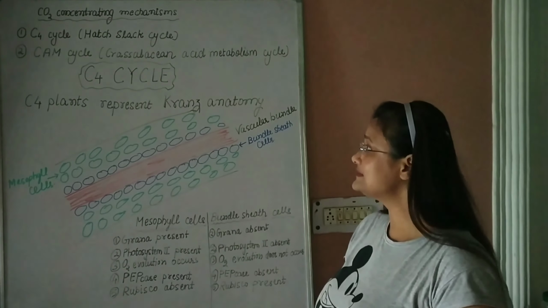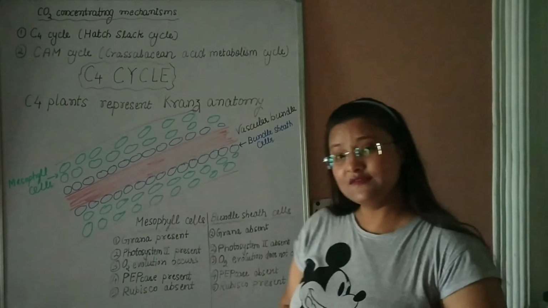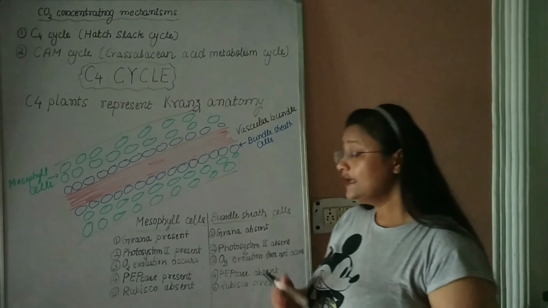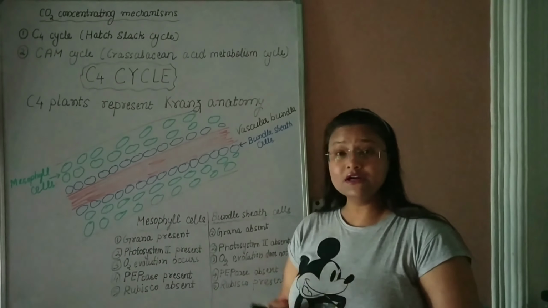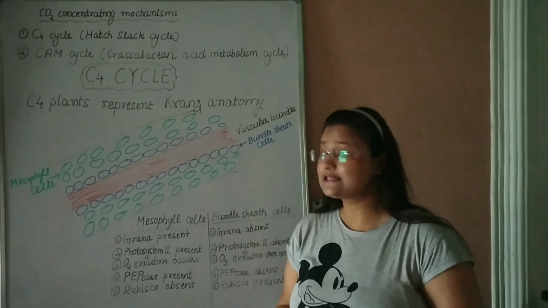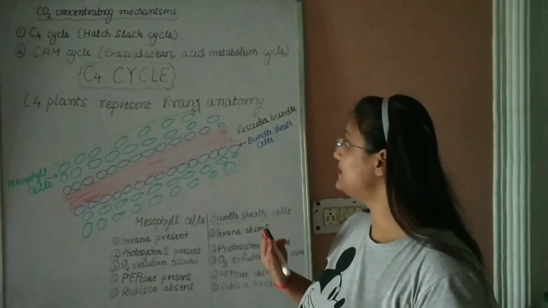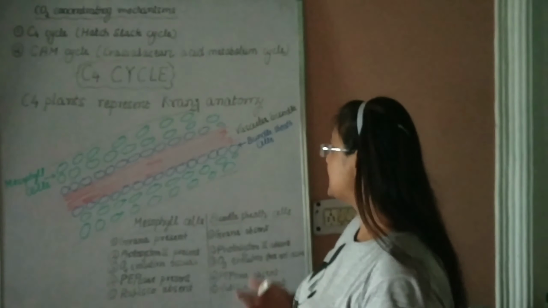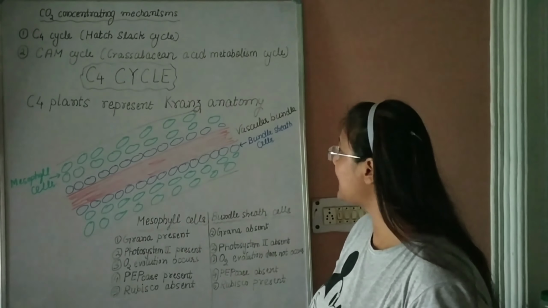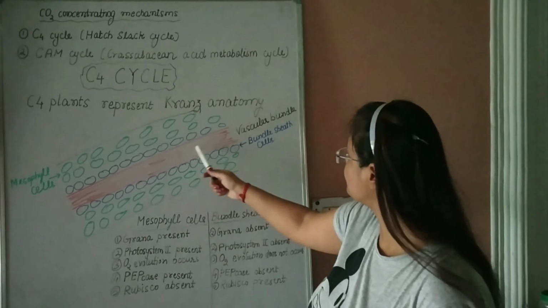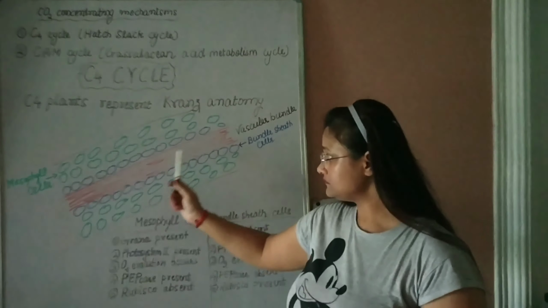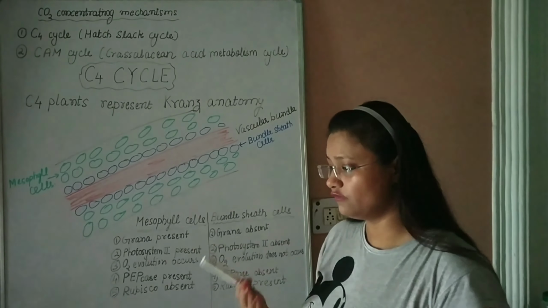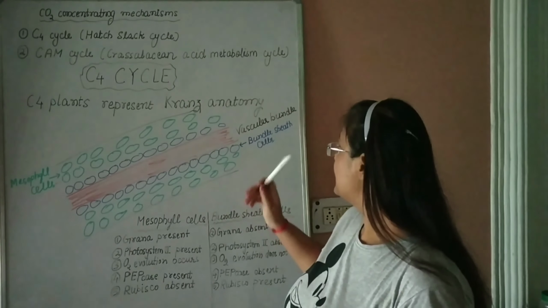Now first let us discuss C4 cycle, which is found in C4 plants. In order to get rid of the carbon loss, the C4 plants have developed some kind of anatomy in their leaves. So the anatomy is, they have two types of cells. This is vascular bundle, which helps in transport of food material and water and minerals.